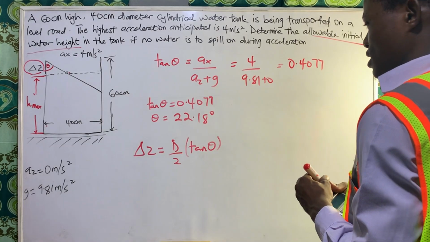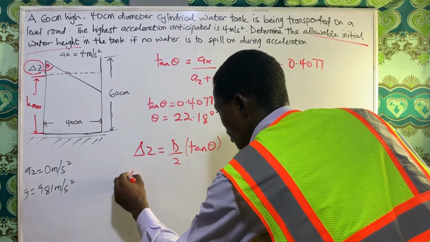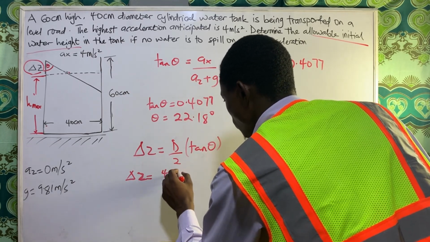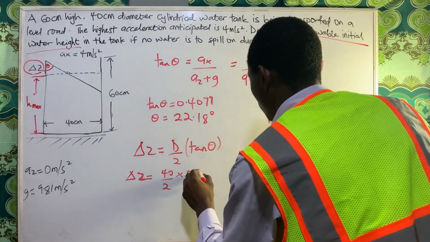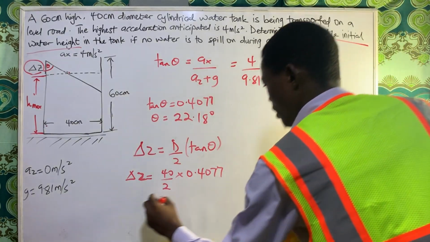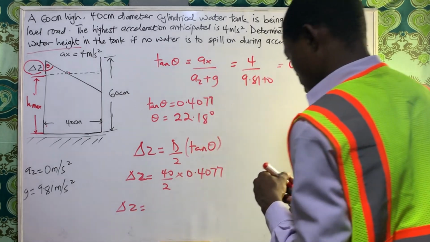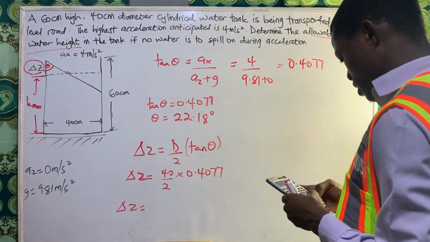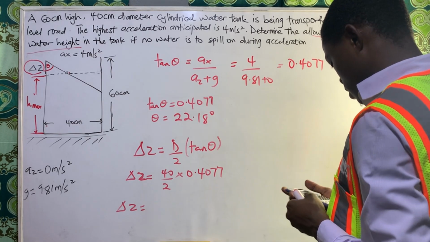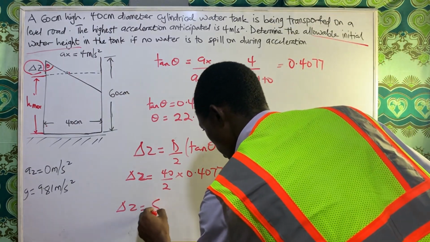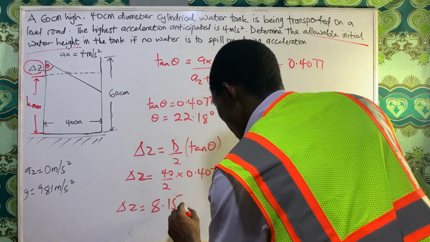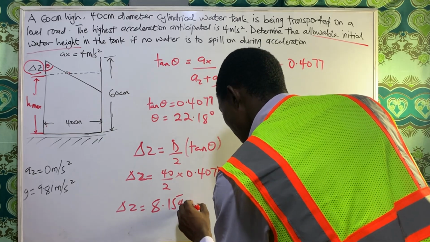So delta z is equal to 40 over 2 times 0.4077, which after computation gives us 8.154 centimeters.